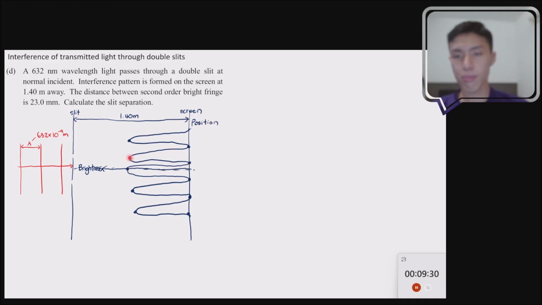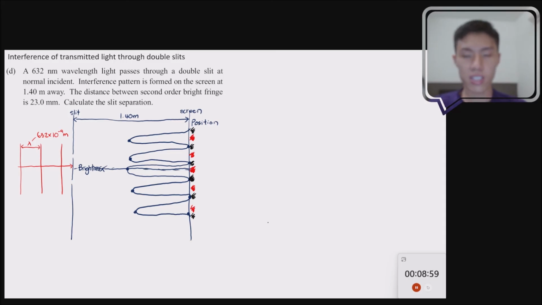Basically, it's bright, dark, bright, dark, bright, dark, bright, dark, bright, dark. So this is the kind of thing that you should be imagining based on this graph over here.